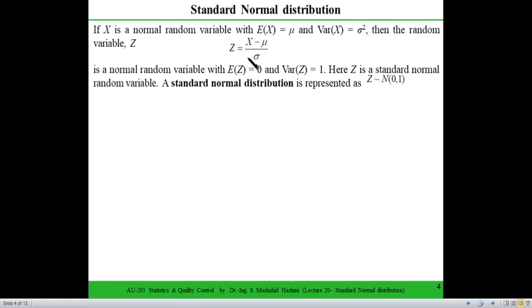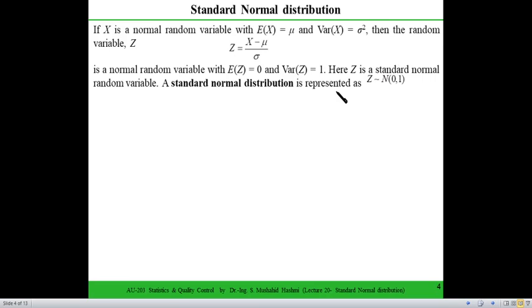If you look at its parameters, the expected value of z would be 0 and its variance would be unity. The square of 1 would also be 1. In this way, we are able to transform the x variable into the z variable.